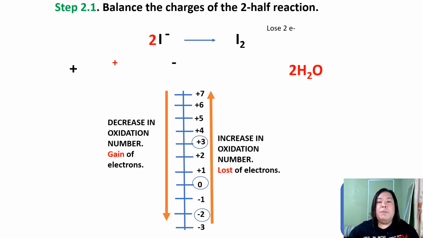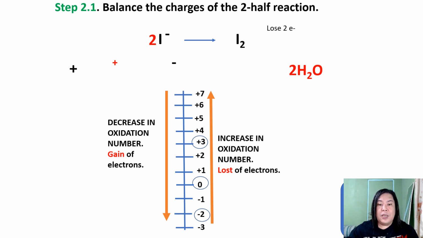This is the first half reaction. Notice that in the reactant side, you have a coefficient of 2, but it has a charge of negative 1. You need to multiply the coefficient to the charge: 2 times negative 1 is negative 2.